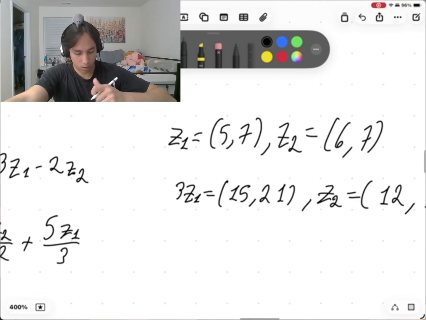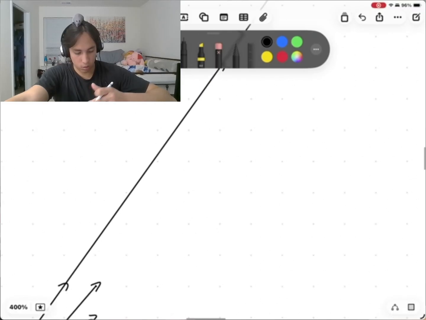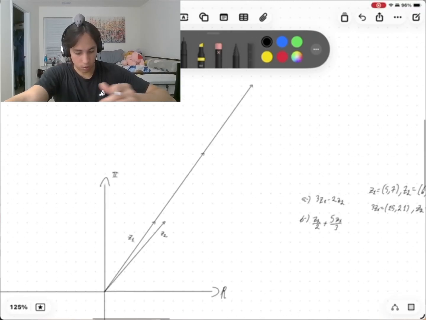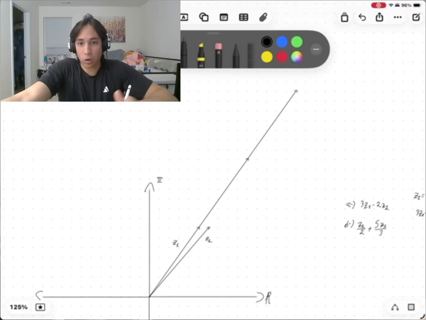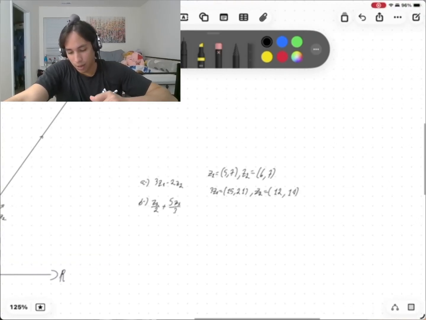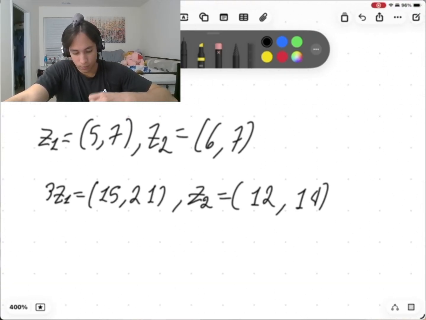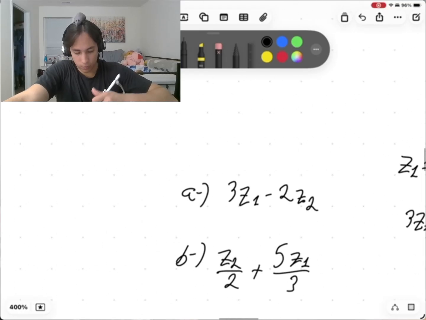All right, so we just got done doing 3z1. I'm not going to count that. Feel free to pause and then count the dots. I am not going to do that. Have fun. So 2z2, more manageable.